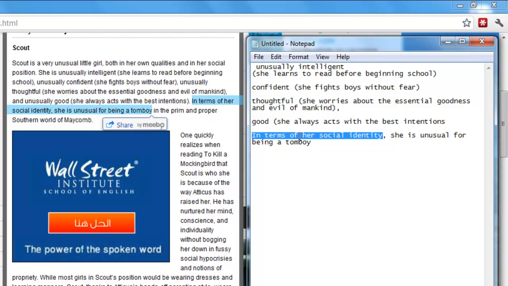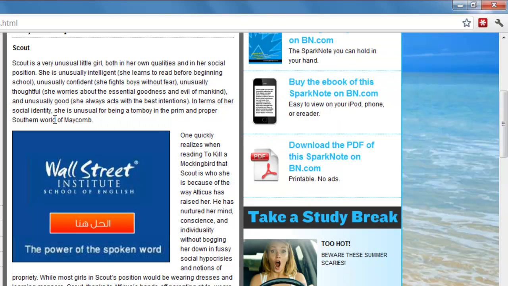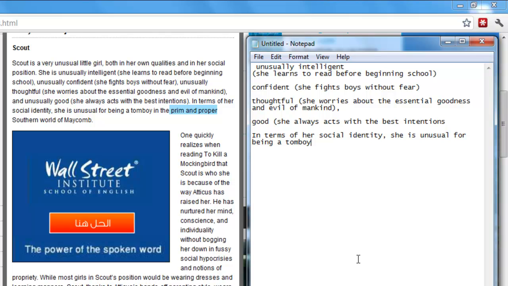And why is she unusual? Because she's a tomboy. And why is that unusual? Because in this town most little girls are prim and proper. So most of this language is not very useful to us.